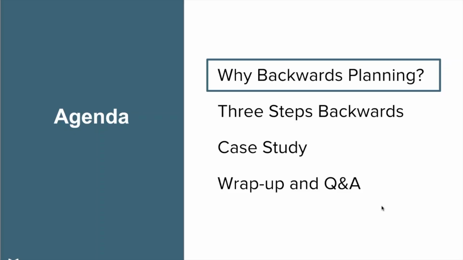So 3 steps backwards. Then I'll cover a case study where this has been implemented with one of NovoEd's partners, which is the Berkeley Executive Coaching Institute, based out of Berkeley, California here. And then finally, at the very end, I'll wrap up with a summary and provide just a few minutes for Q&A. As I mentioned, if you have any other questions, feel free to post them and we'll respond to them individually or after the webinar.